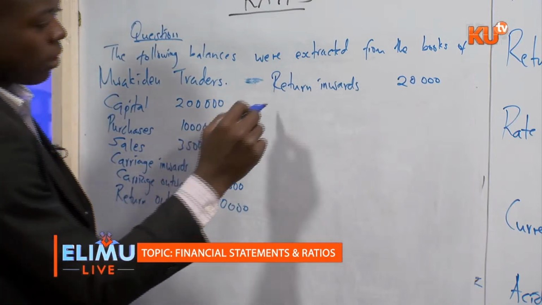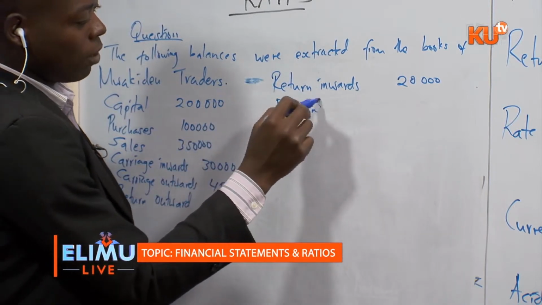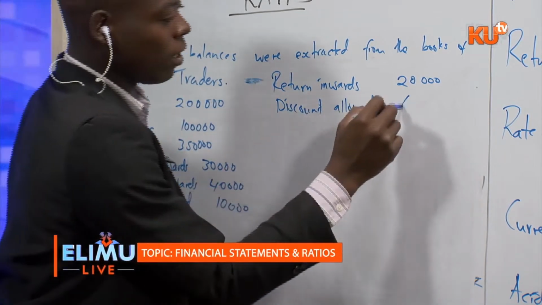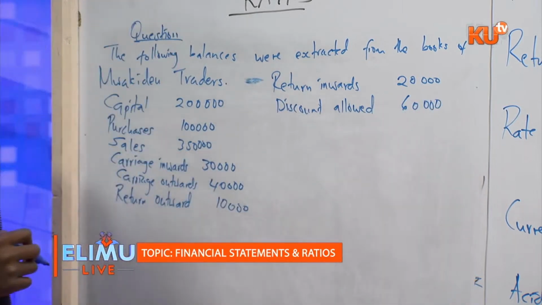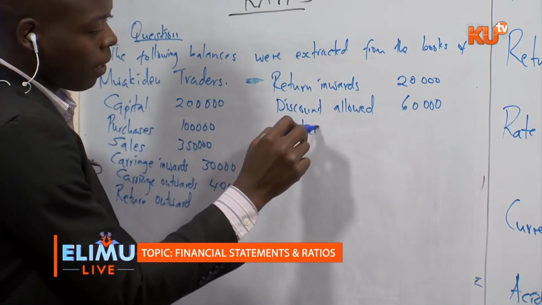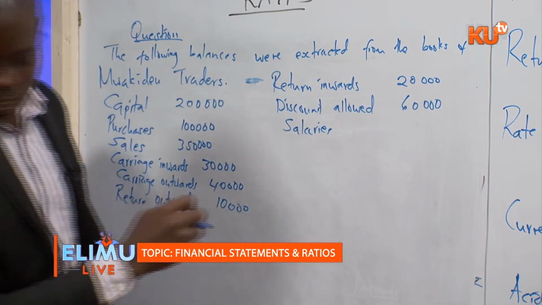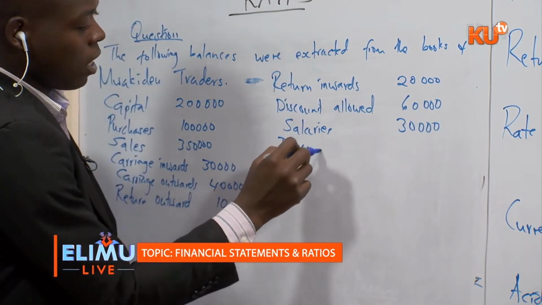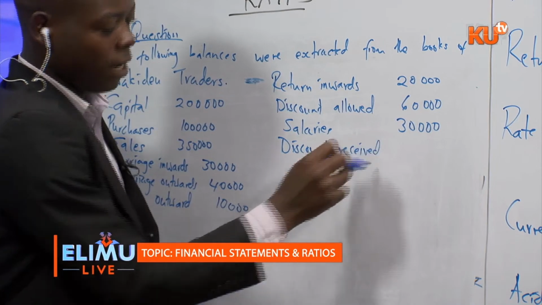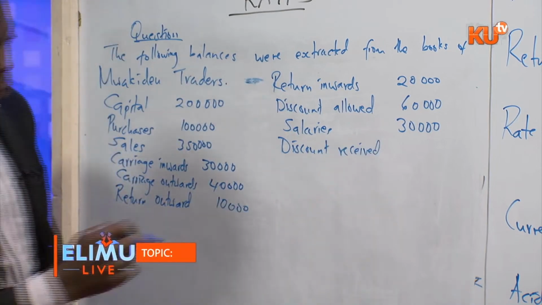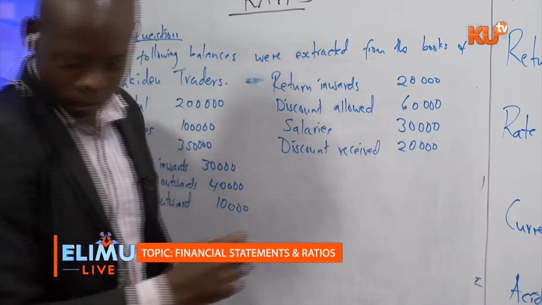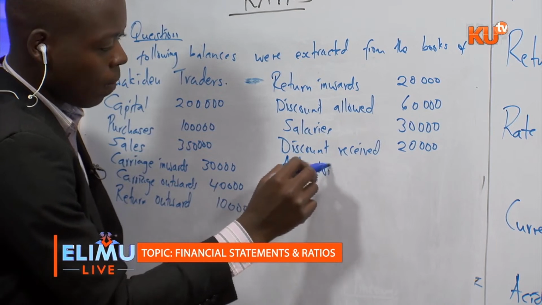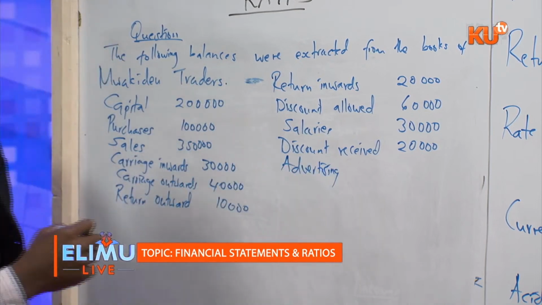And then we have discounts. Discount allowed here is given as 60,000. We have salaries, which are given as 30,000. We have discount received, which is given as 20,000. We have advertising given as 10,000.